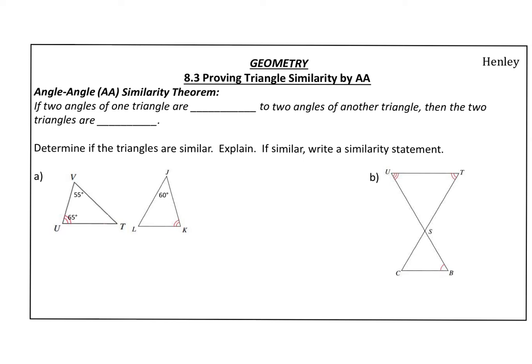Angle similarity theorem. One of the things you have to remember with this is that it only works with triangles. If two angles of one triangle are congruent to two angles of another triangle, then the two triangles will be similar.